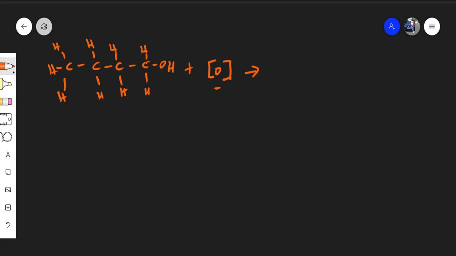Your primary alcohol is going to change to aldehyde.